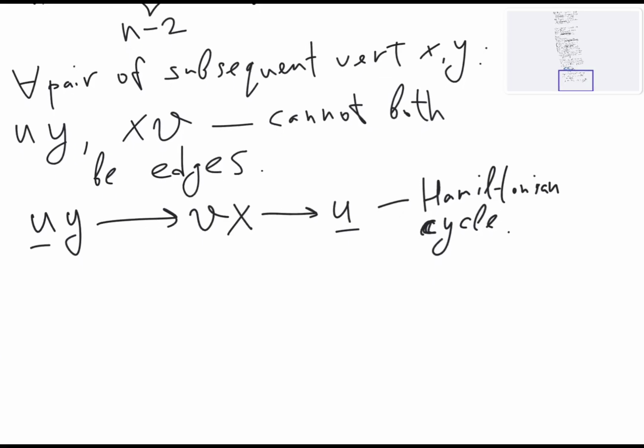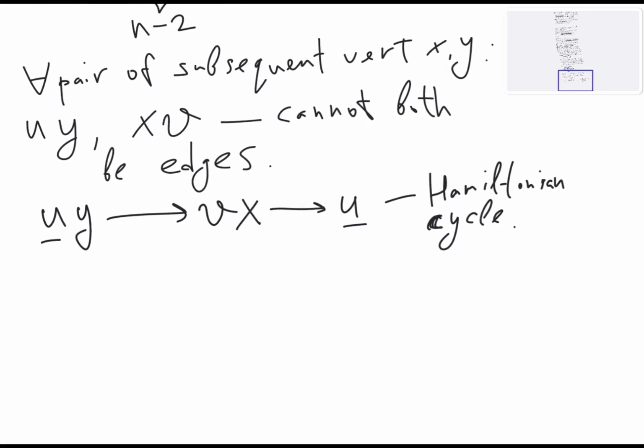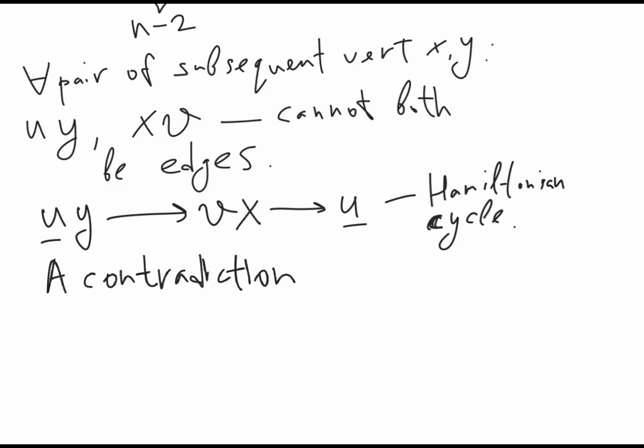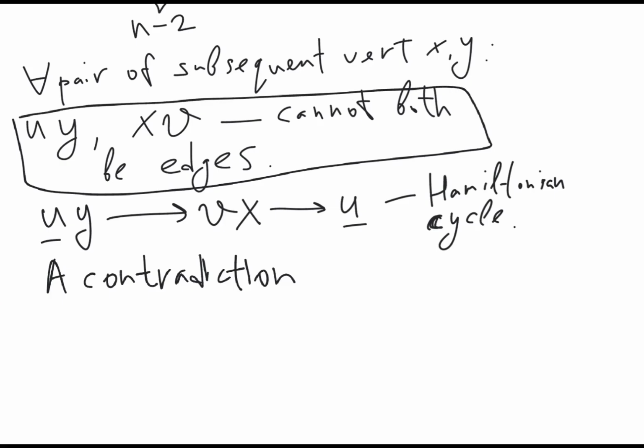So a contradiction that proves this statement, that there cannot both be edges, because if they're both edges from u to y and from x to v, then we find a Hamiltonian cycle. Therefore, from this contradiction, this statement holds.